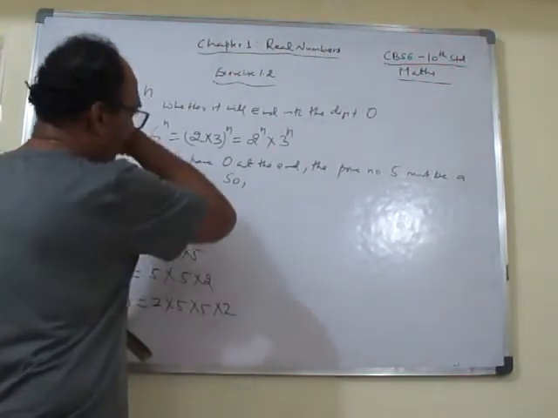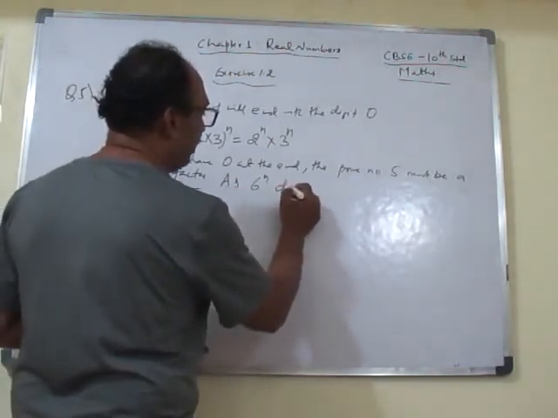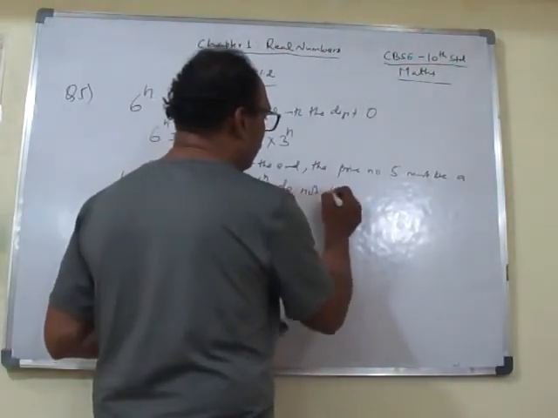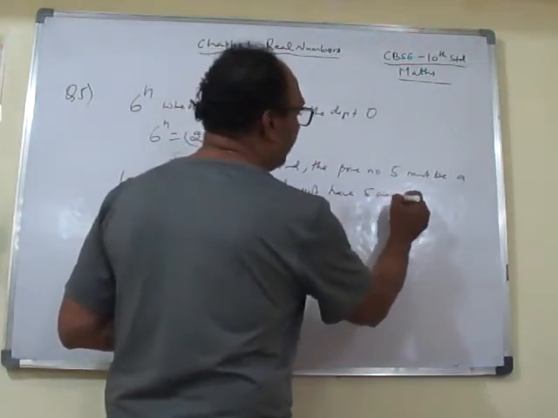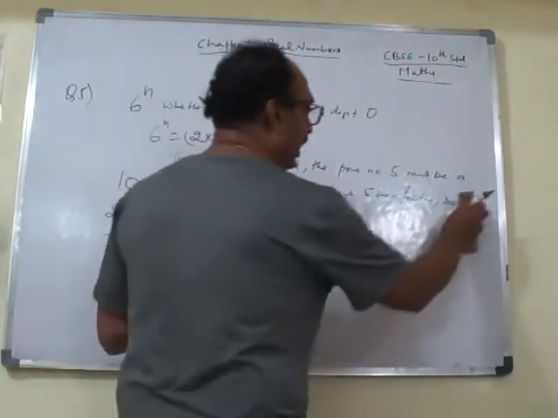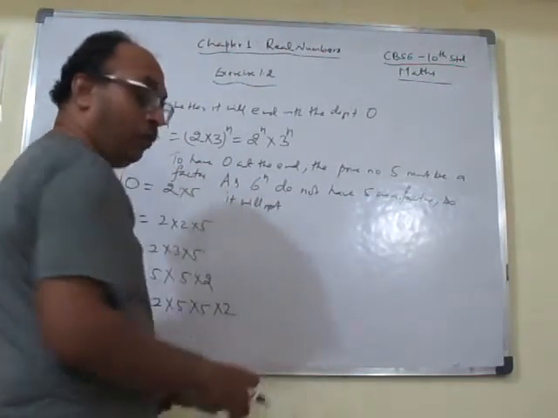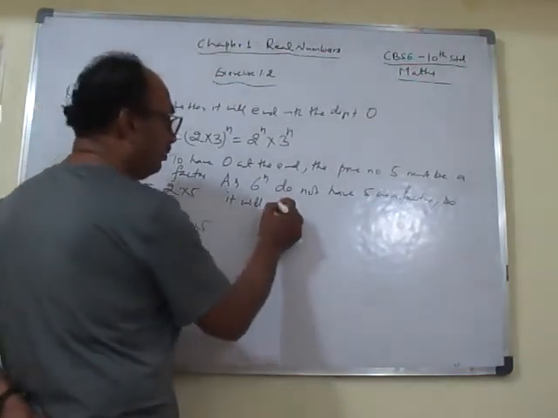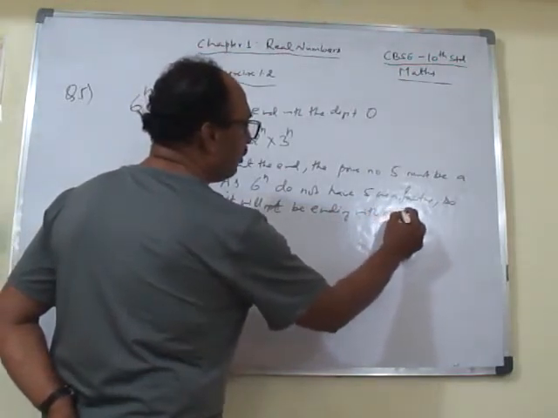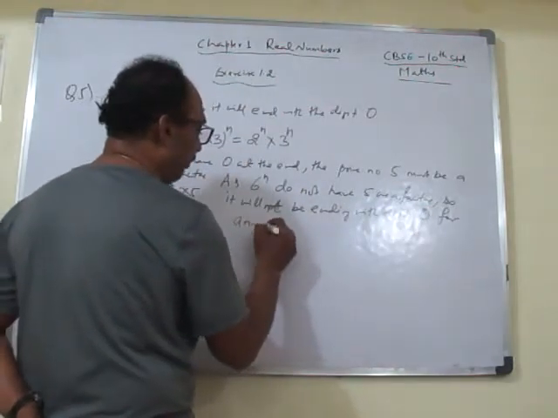As 6 to the power n does not have 5 as a factor, the number will not end with the digit 0 for any natural number n.